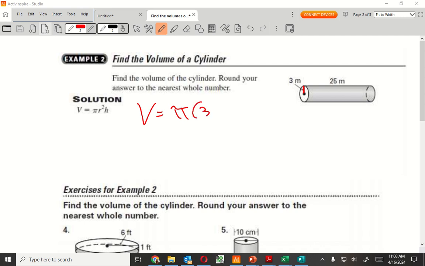So 3 squared times h, which is 25. 3 squared is 9. 9 pi times 25 is going to be 225 pi, which is going to be approximately, are you guys calculating for me? Because I kind of suck at math here. 706.